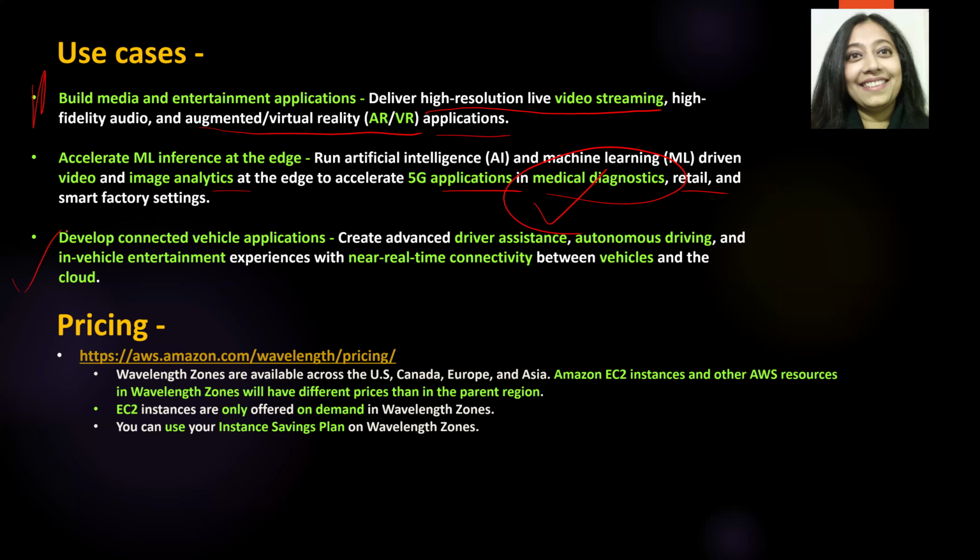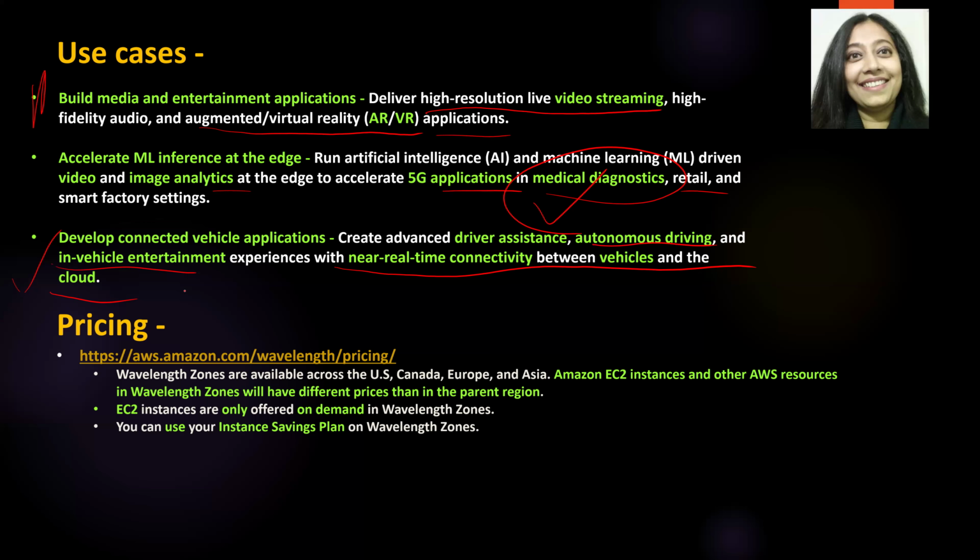So if you own a BMW, you have something called a connected car or a connected car app. Any applications that require driver assistance or autonomous driving or in-vehicle entertainment, near real-time connectivity between the vehicle and the cloud could also be a good use case to use wavelength infrastructure and AWS wavelength zone to deploy that infrastructure.